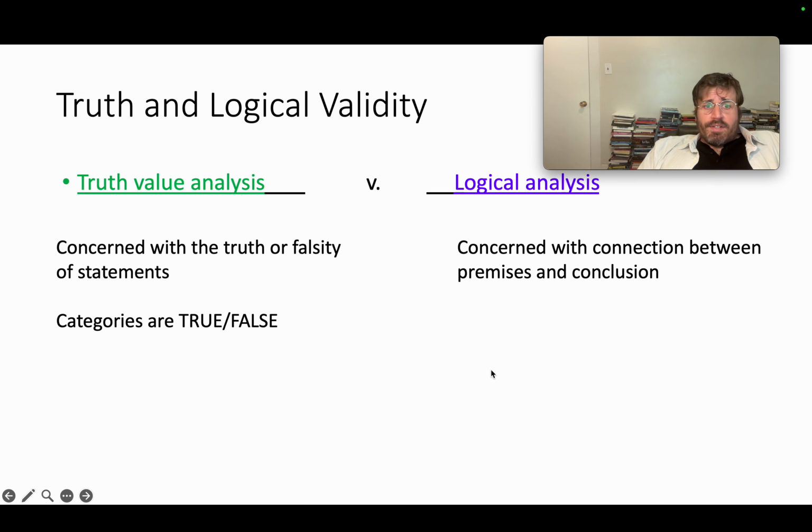Truth value analysis has a binary system, right? The categories are either true or false. I've mentioned this in past videos. Logic loves things to be black and white. I like to think of the true-false value as a light switch, where things can be true and then they can be just as easily negated and made false. We'll talk more about that as we get into truth tables.